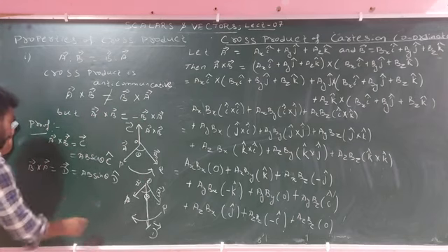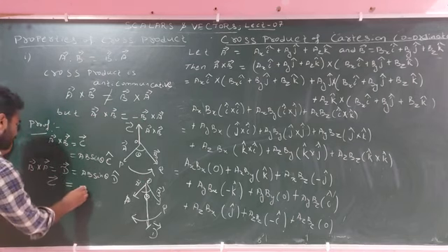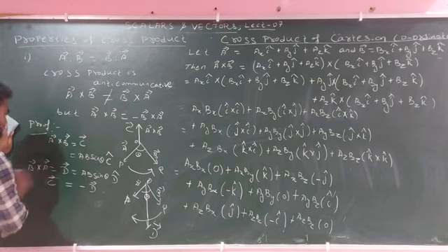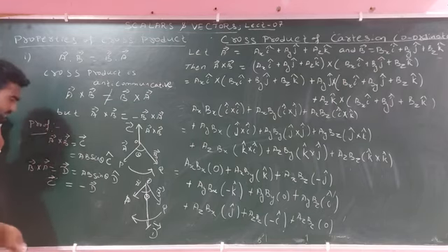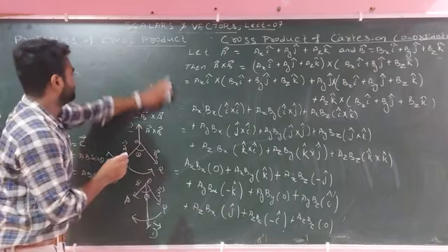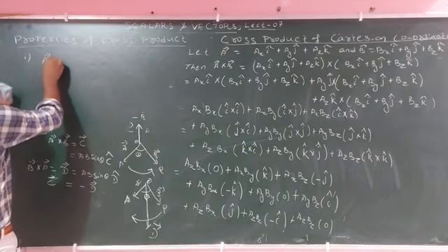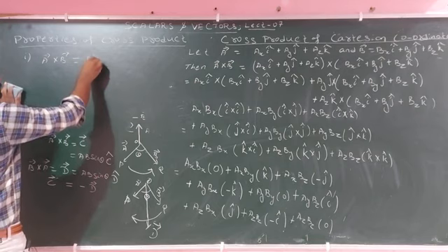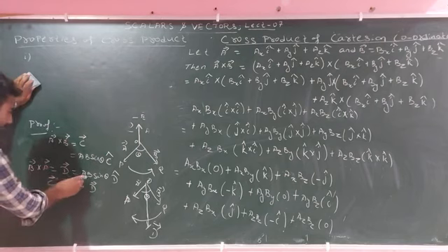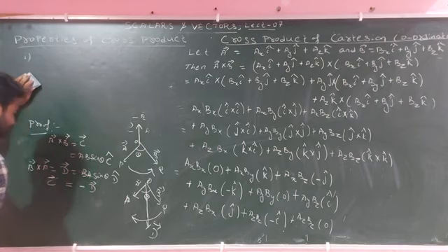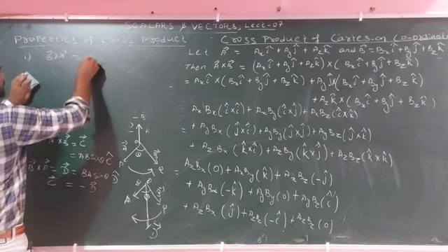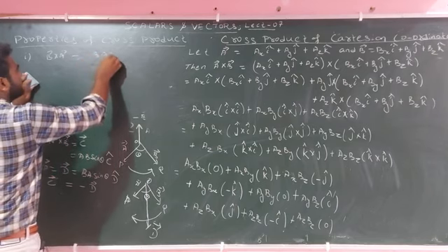Since they have opposite directions, we have C vector equals minus D vector, or C cap is minus D cap. So A cross B vector equals AB sin theta, and B cross A can be written as BA sin theta.